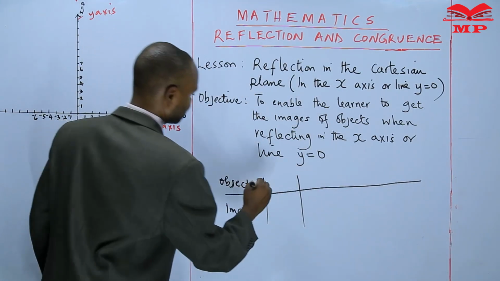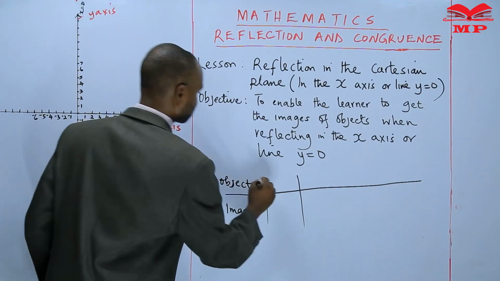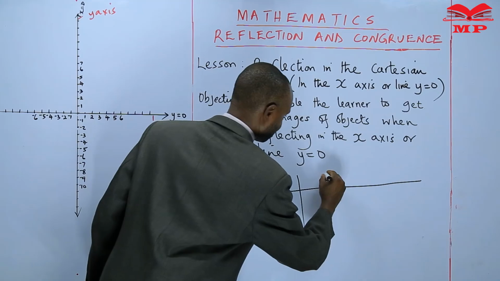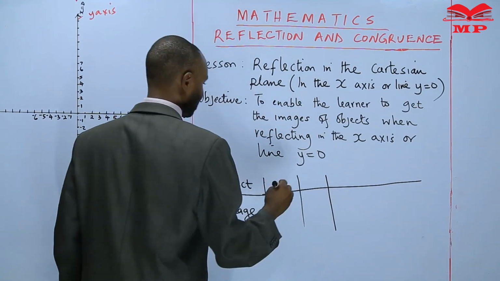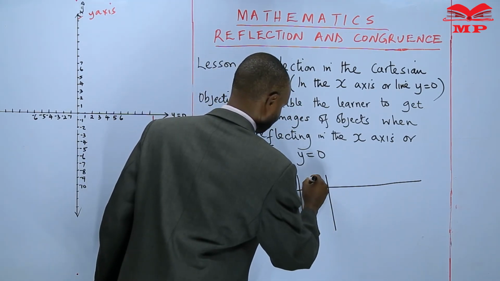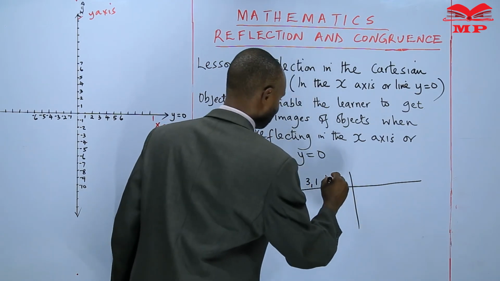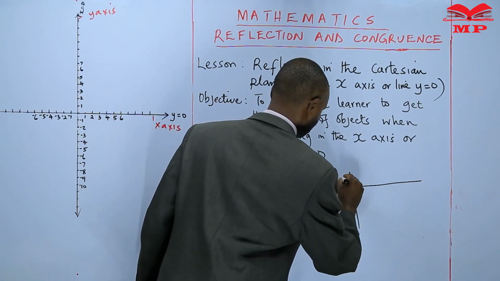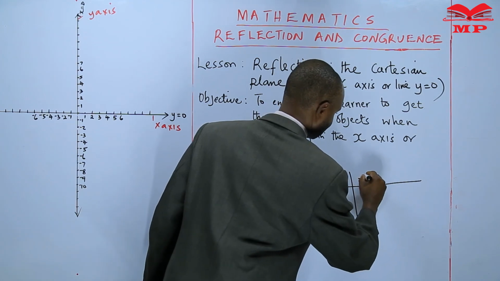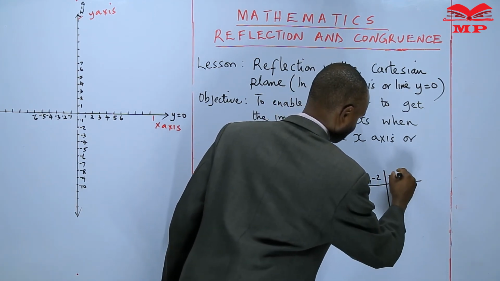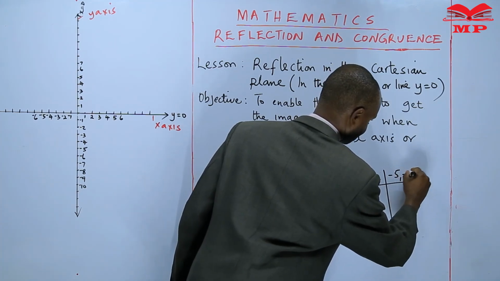We can have an object represented by coordinates 2, 3. Another one represented by 3, 1. Another one by 2, 4. Another one, -3, -2. Another one, -5, -1.